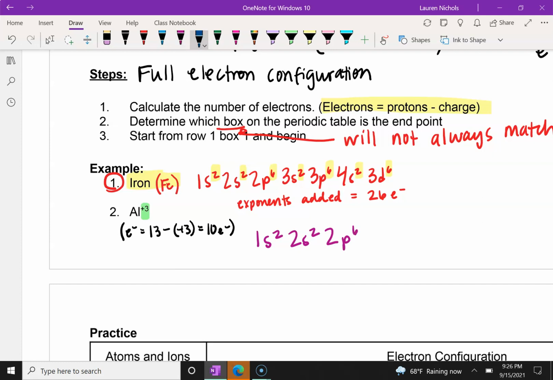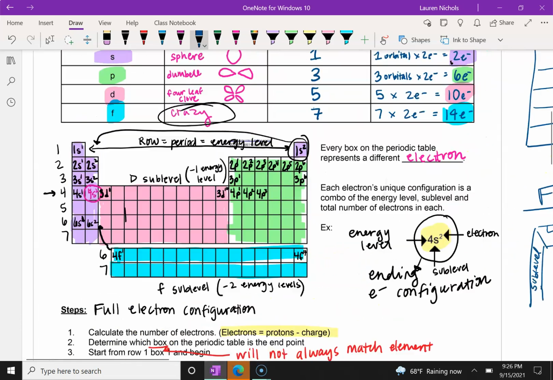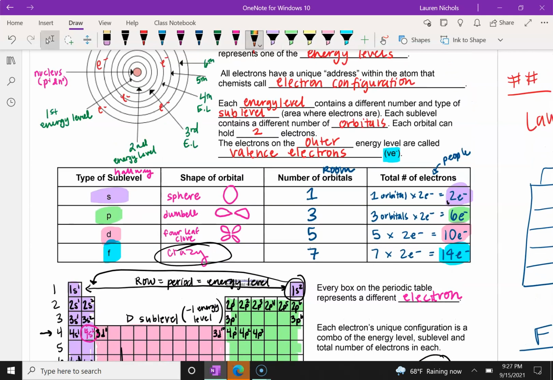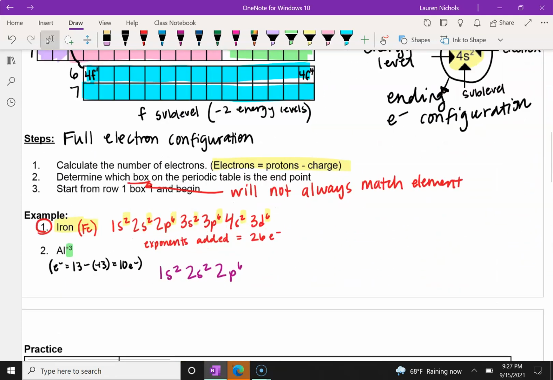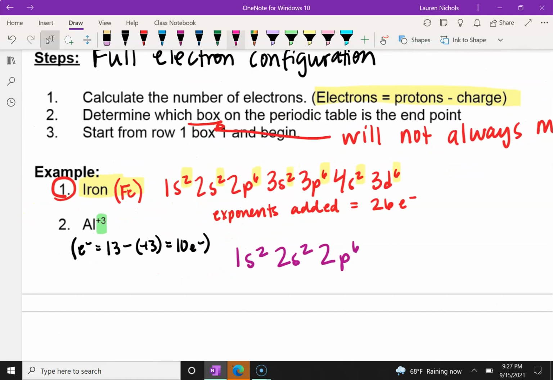Now remember, our valence electrons, okay? We reminded ourselves of our definition up here, we said that valence electrons were the electrons on the outer energy level, right? Or the highest energy level. So when you look at an electron configuration, your energy levels are these big numbers, right? The 1, the 2, the 2. So the highest one we have is energy level 2 for aluminum. And my electrons are my exponents, so 2 and 6.